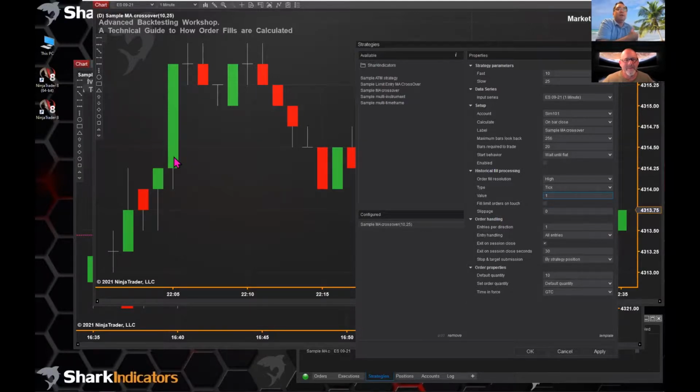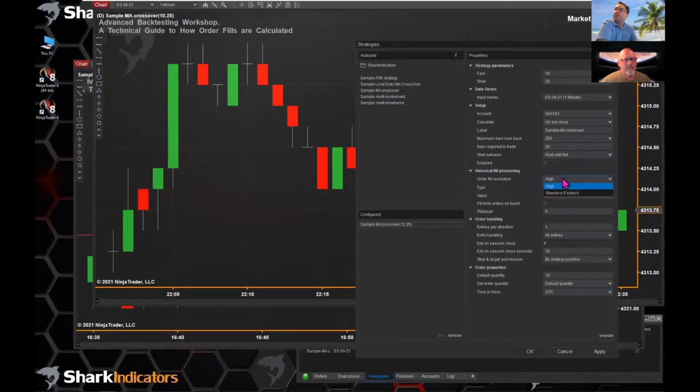And again, that bid and ask data is missing. So NinjaTrader will fill your stop at that stop loss price. No slippage will be accounted for, right? So at least with this, NinjaTrader can confidently say, okay, your profit target did actually get hit first, as opposed to your stop loss getting hit first.